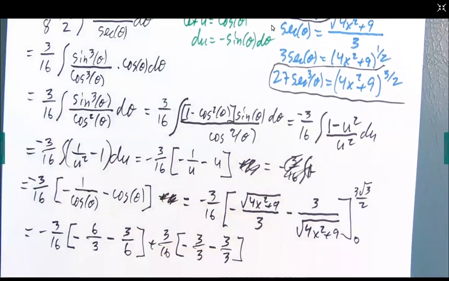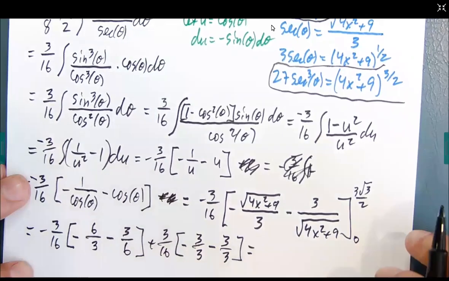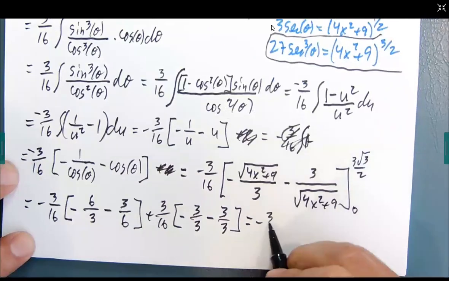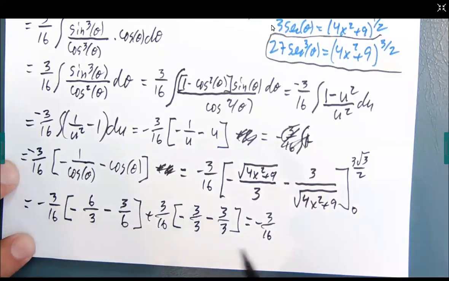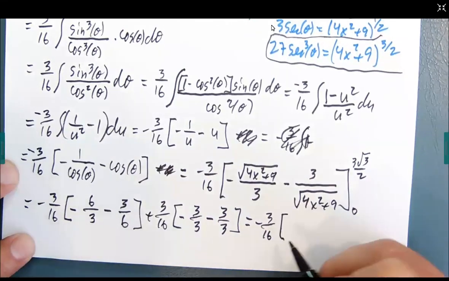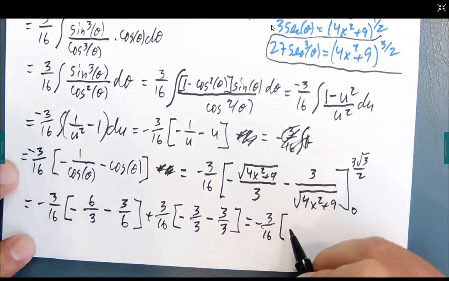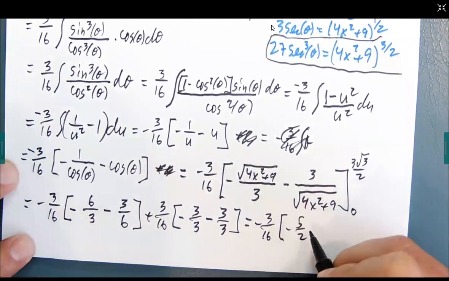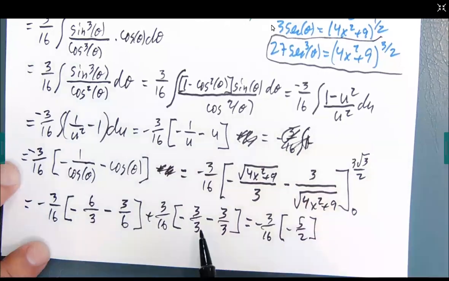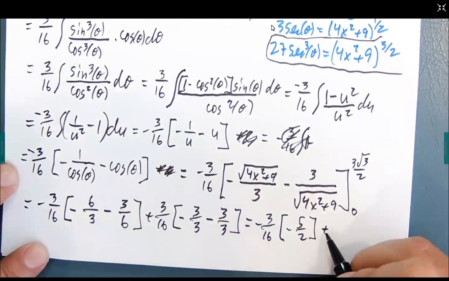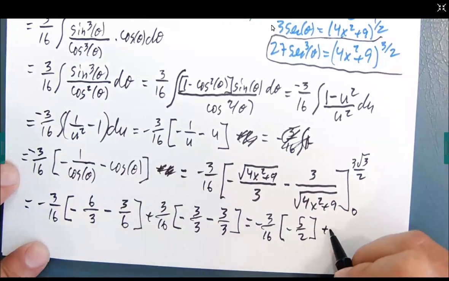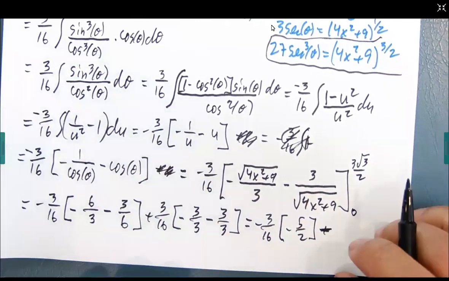All right, let's clean this up. That becomes 2 minus a half. Negative 2 minus a half, that's negative 5 halves. It becomes negative 2, negative, so negative.